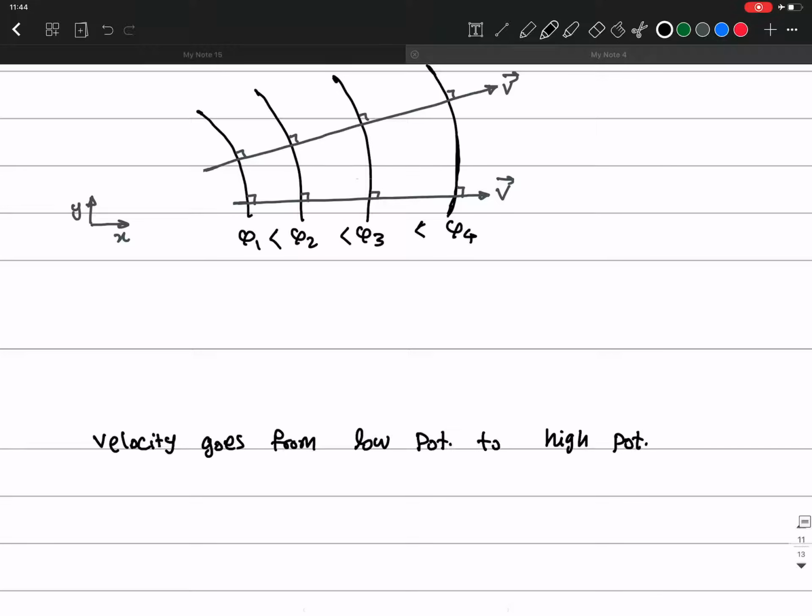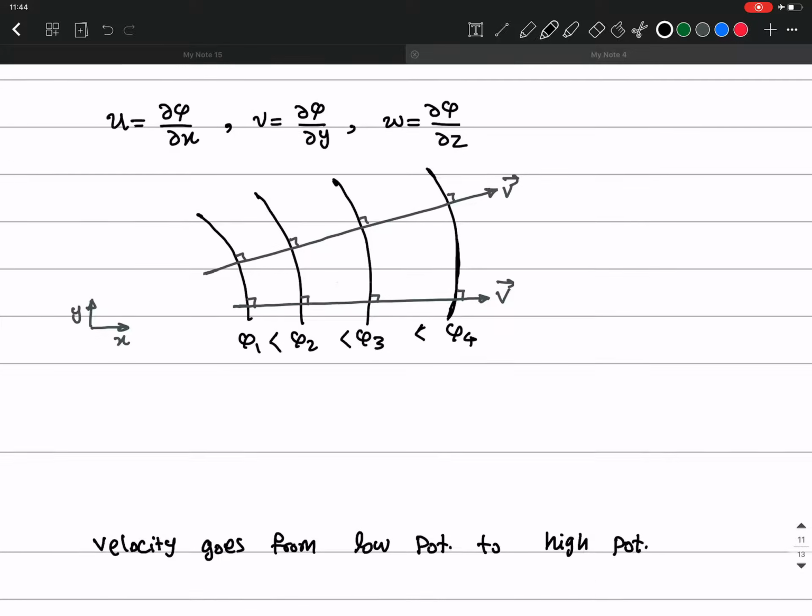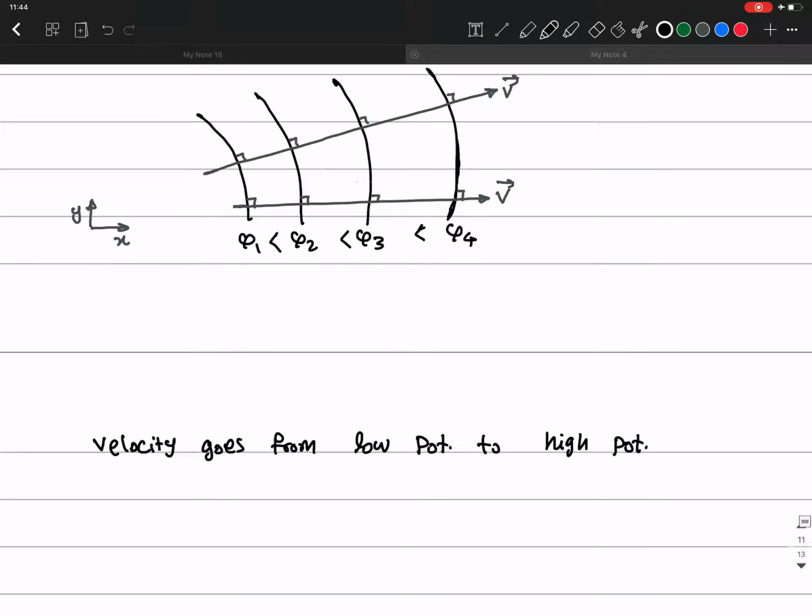So it's kind of against the pressure gradients. This is a definition of velocity that we made for these velocity potentials. Okay, so now we want to investigate this further.